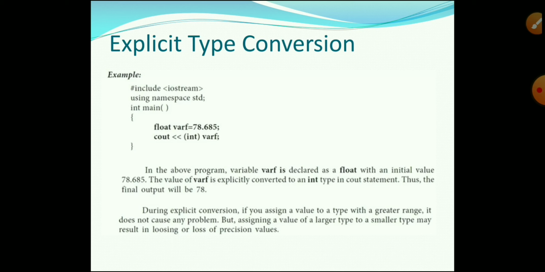In this program the result will be 78, because in cout itself we used the int data type, only taking var f as 78. That value only is displayed on your screen. This is called explicit type conversion. I declared a variable with the float data type, but when executing I changed that data type, so the result is displayed oriented to that particular data type, the integer value only.